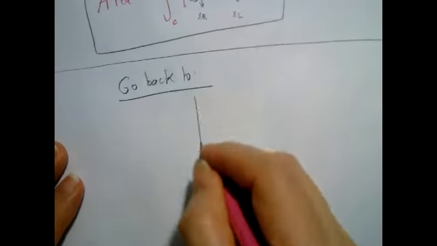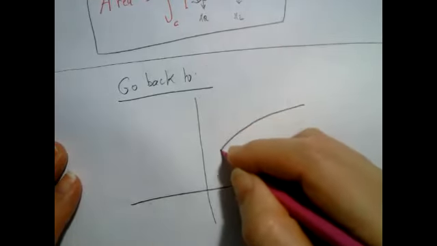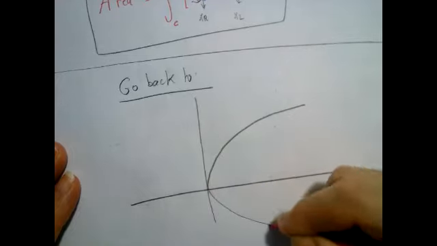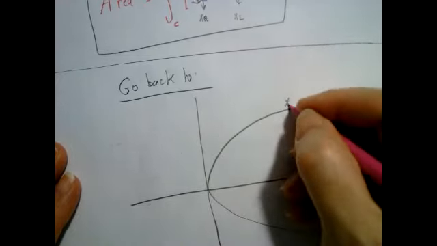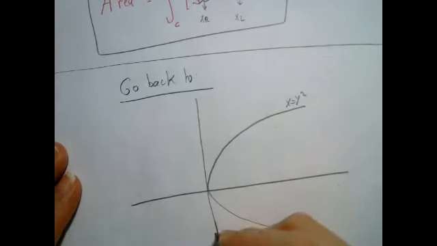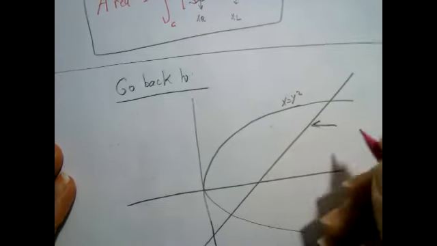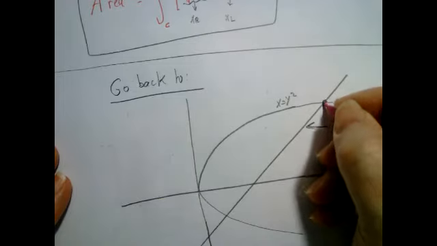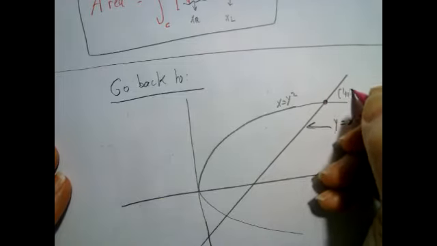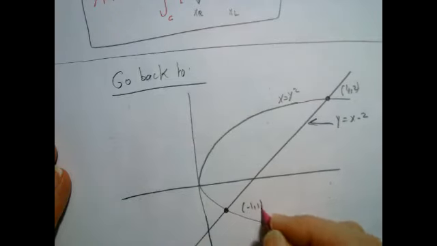This is my problem. I had this curve. This is x equals y squared. And this was y equals x minus 2. And those points were for 2. And this point here was minus 1.